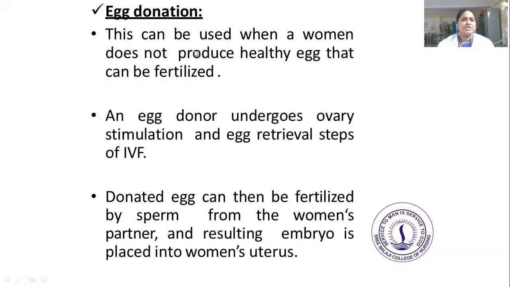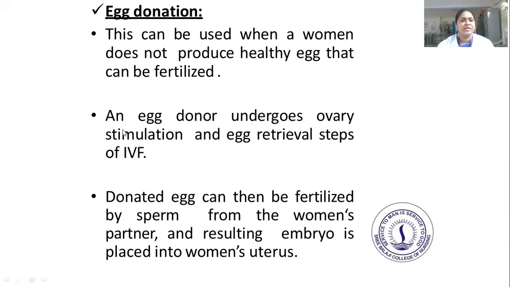Next is the egg donation. It is mainly used for women. It can be used when a woman does not produce a healthy egg that can be fertilized. An egg donor undergoes the ovary stimulation and egg retrieval steps of IVF.